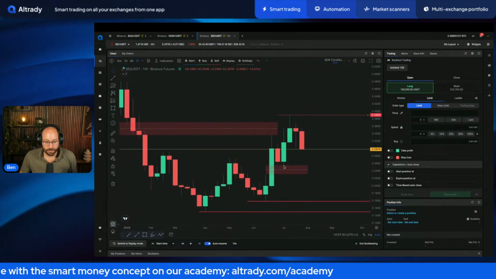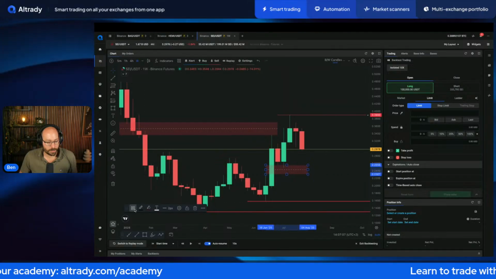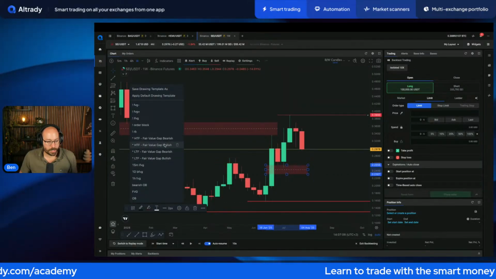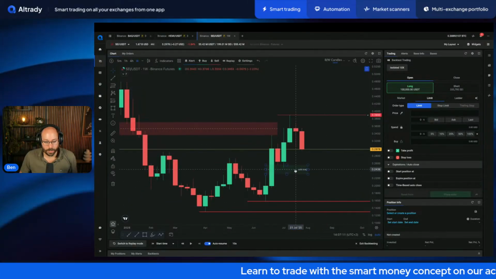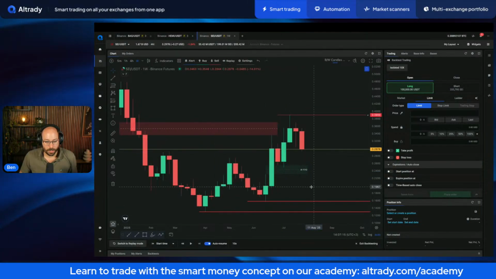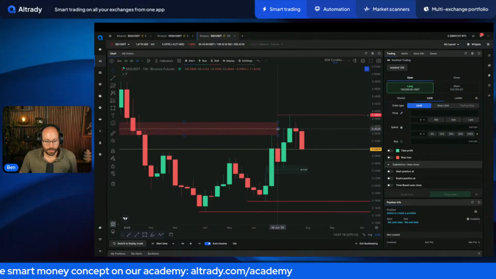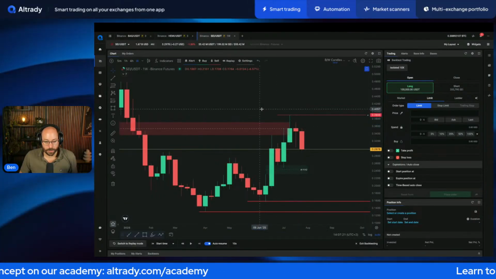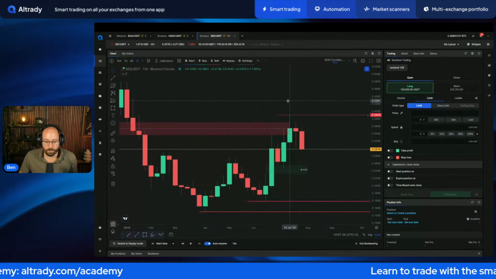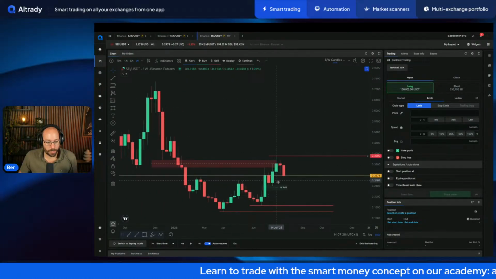So I see this fair value gap was entered. High time frame, bullish fair value gap. Actually, it was the weekly. We see the reaction of it, and then obviously this one was fulfilled. Nothing to be too worried about.